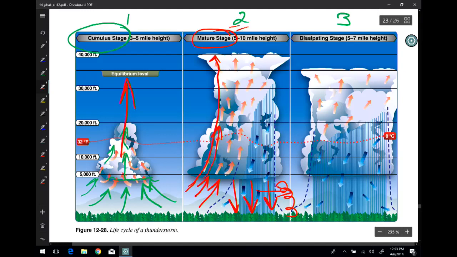As it does, the warm, moist air, it can freeze. When it freezes, it begins to hail. Well, I'm sorry, it doesn't begin to hail. The hail can form. So you can have hail that begins to form here. And here's what happens. This hail can then get over here and get on this downdraft, and then it can get moved around into the updraft. And every time that it creates this little loop like this, that hail gets bigger.